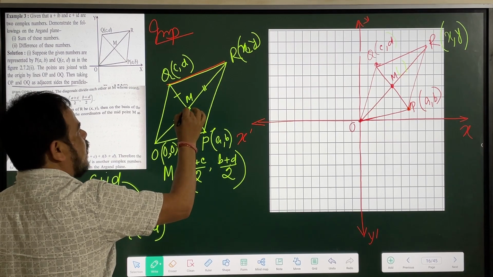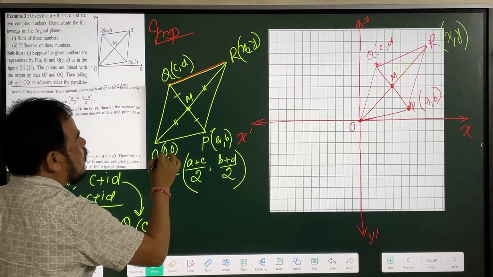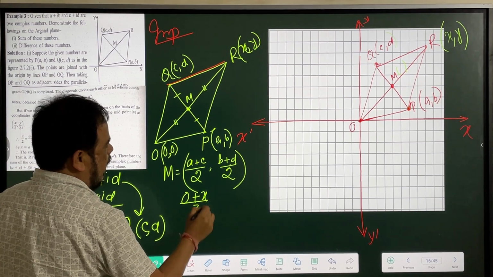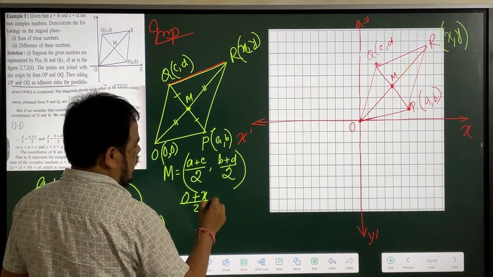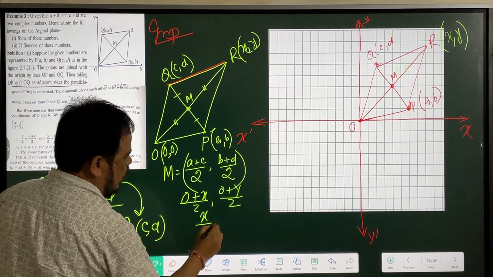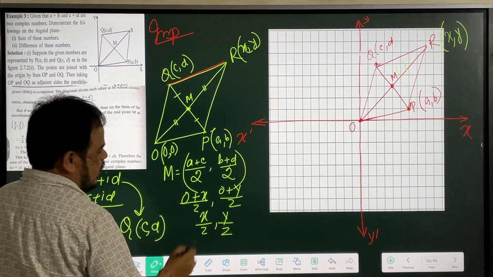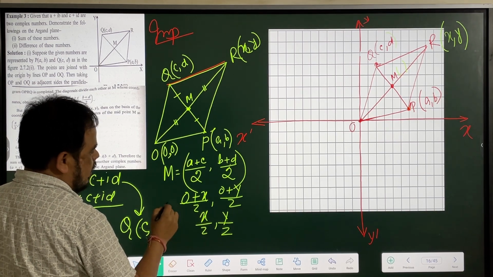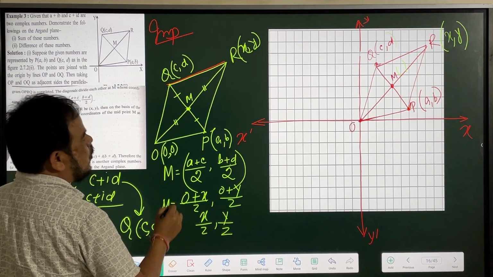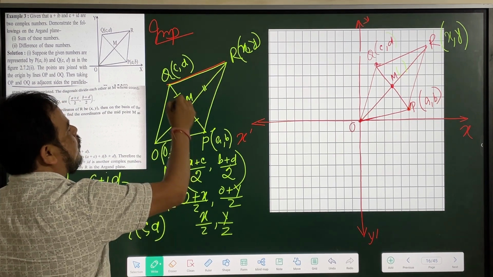To find the midpoint M for OR, we get 0 plus x by 2, 0 plus y by 2, or x by 2, y by 2. So this is the midpoint. This is M only. M is the midpoint of OR, and M is also the midpoint of PQ.